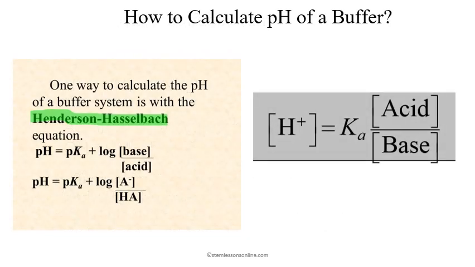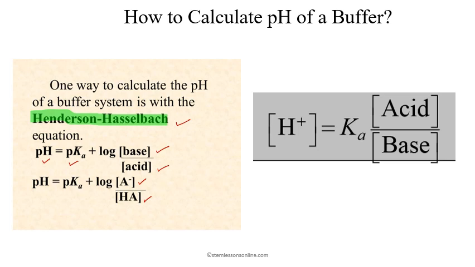Now let us see how to calculate the pH of a buffer solution. We can calculate the pH of a buffer solution using the Henderson-Hasselbalch equation. That is, pH equals pKa plus log of the concentration of conjugate base divided by the concentration of the acid. In other words, pH equals pKa plus log of [A-], the conjugate base, divided by [HA], the weak acid.